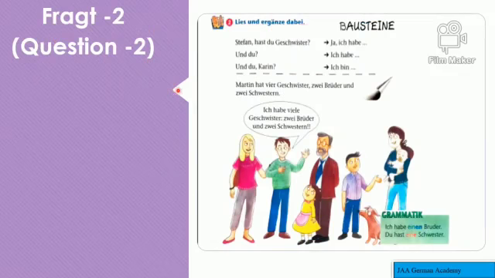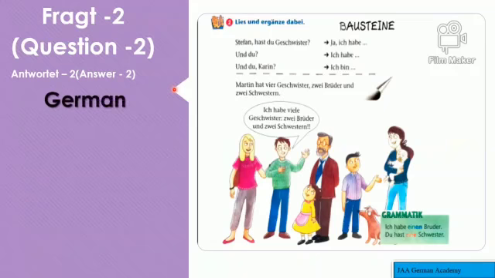In this question, we have to take the reference from the first question and write the answers. So right now I'm going to tell you all the answers in German, and then I'm going to translate all the answers in English for your better understanding.